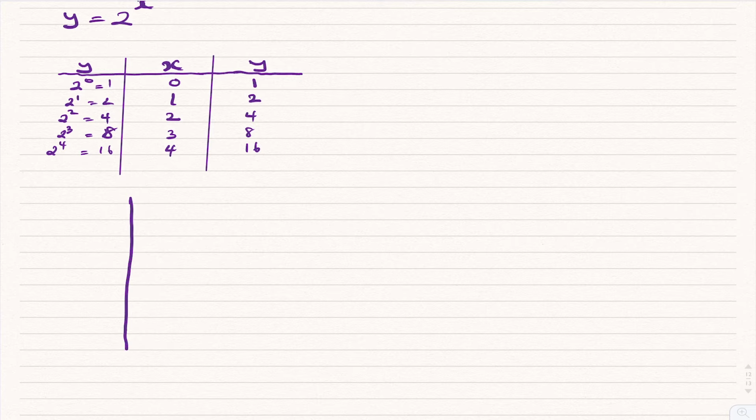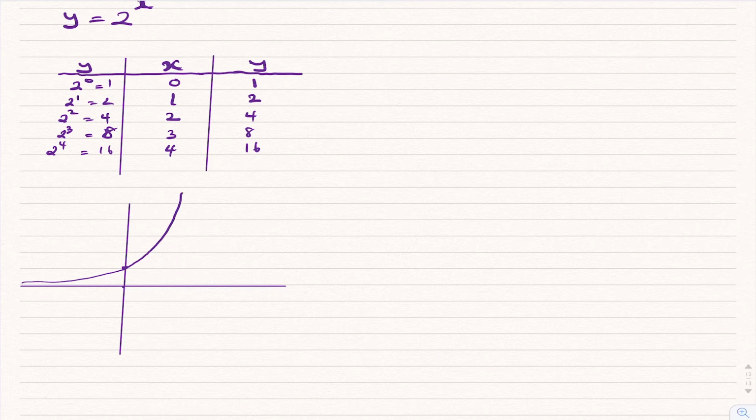If this is my y-axis and that is my x-axis, when x is 0, y is 1, so the curve will go that way and then increase exponentially. That's the point there: x is 0, y is 1.